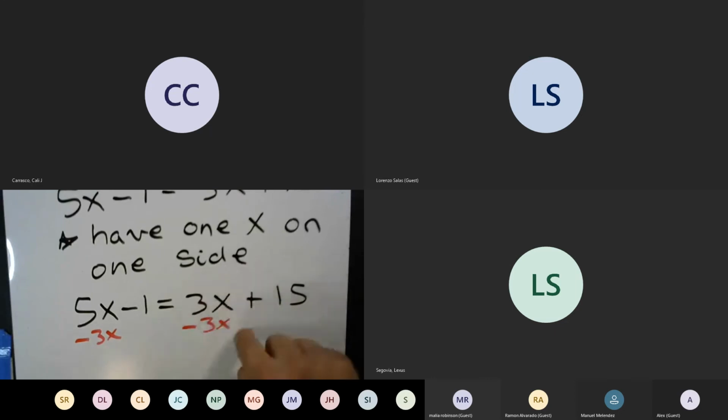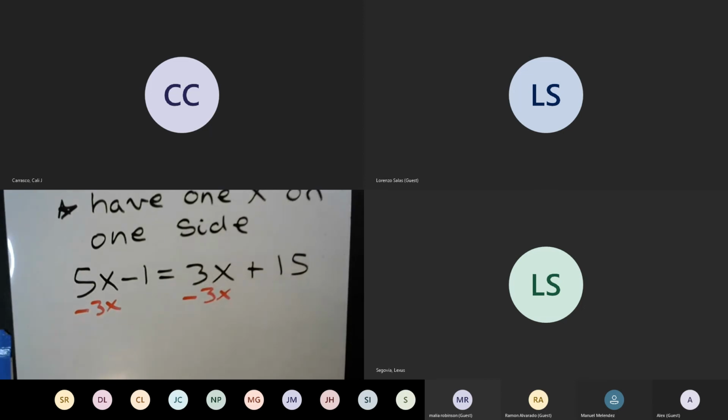And so this will cancel the x term on this side. It'll leave us with just one x term on the other side. So we'll get 2x minus 1 is equal to 15. So now we're on familiar ground. This we know how to solve.